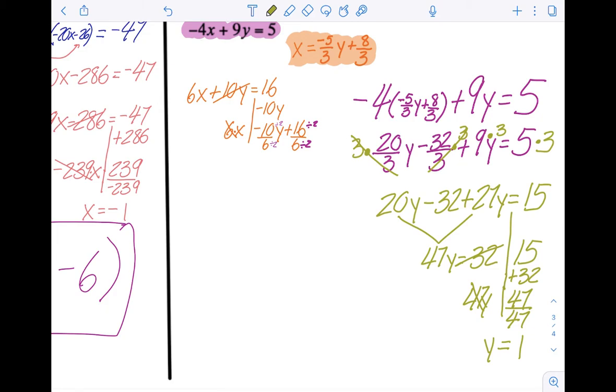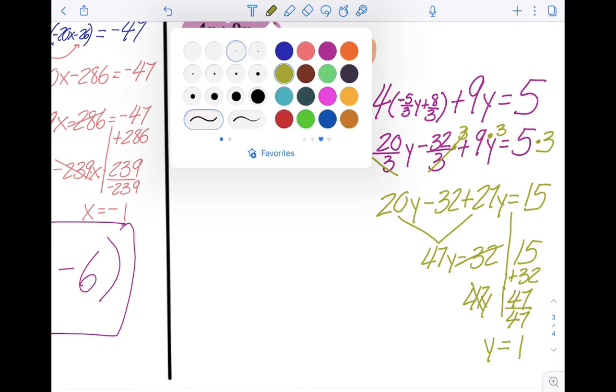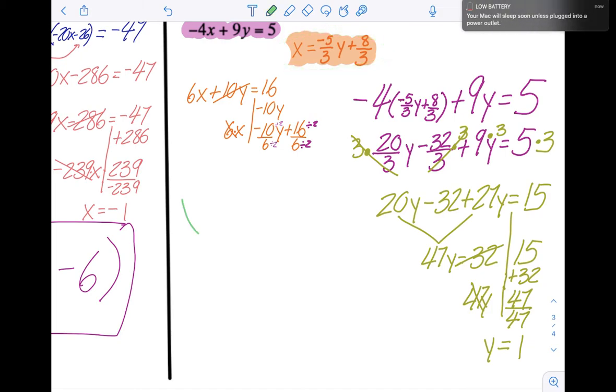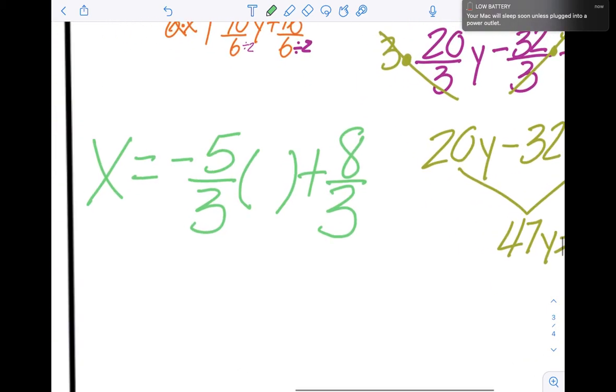So now I'm going to go all the way back up, and I'm going to grab this sucker, and I'm going to write it over again, and I'm going to say x is equal to negative 5 over 3 y, but I'm going to leave y as parentheses, plus 8 over 3, like that. All right.